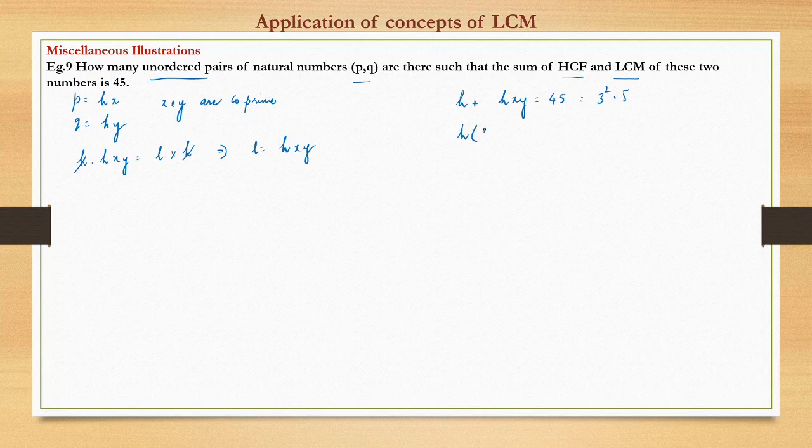This we can write as H into (1 plus xy), that is 3 square into 5. So now see, where have we landed? Is it not the same as writing the number 45 as a product of two factors?